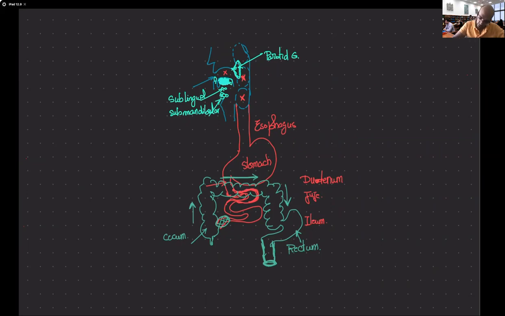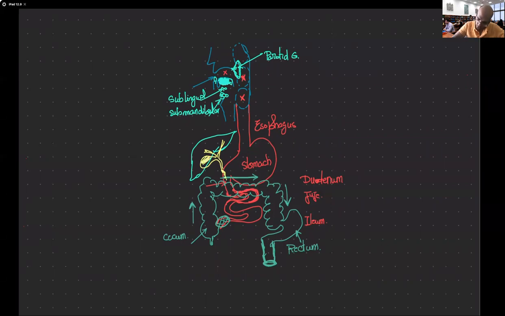The largest gland of your body is going to be the liver. And associated with the liver, we've got another accessory digestive organ that will be storing the bile from the liver and will be releasing this bile when you get food down into your small intestine.